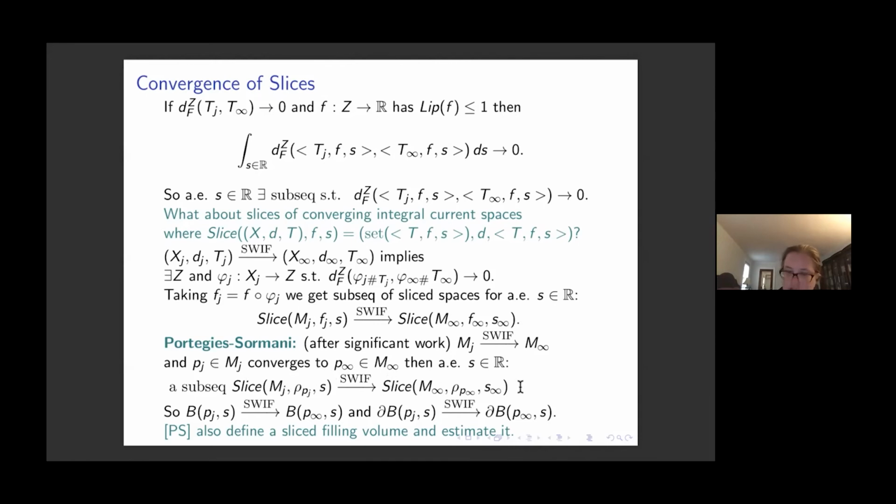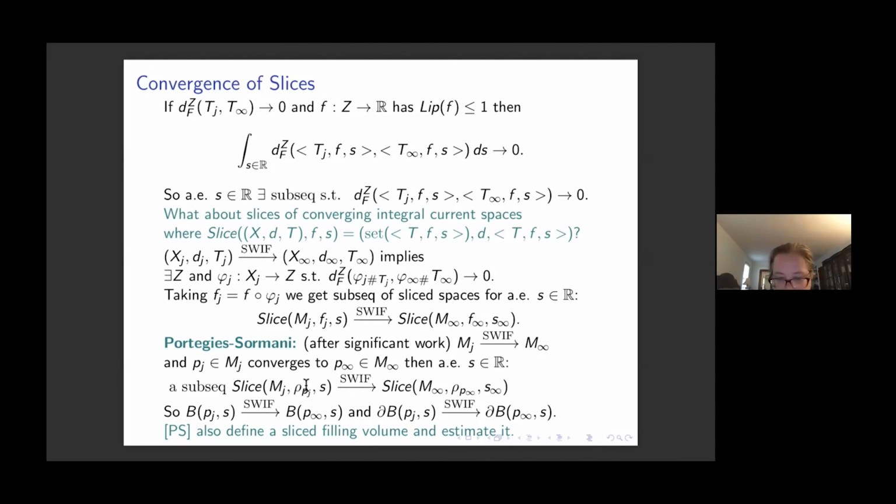And now I can choose another set of points, q_j's in here and q_infinity, and I can slice the slice. And then we can take another sequence of points, x_j's going to x_infinity, and I can slice the slice of the slice. And you can take more and more slices and get SWIF convergence of slices, all the way down until the slice is zero dimensional.